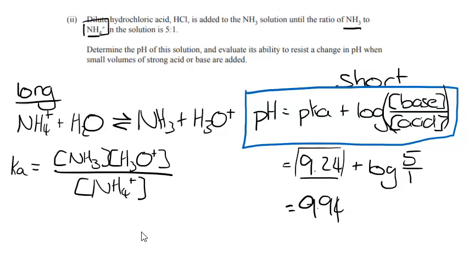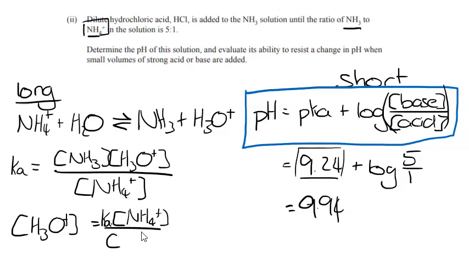And so we can then go H3O+ equals, and I'll times both sides by NH4+, and we've got the Ka there already, divided by, we'll divide both sides by NH3.